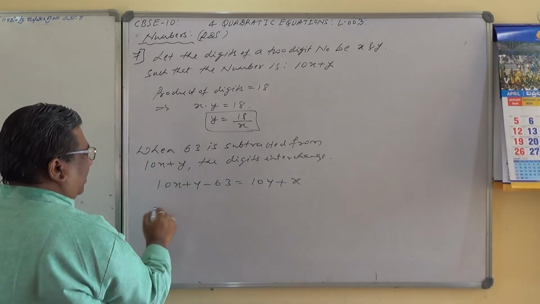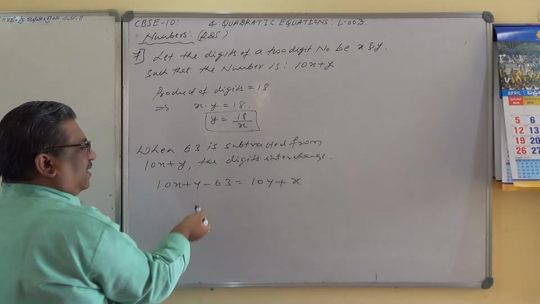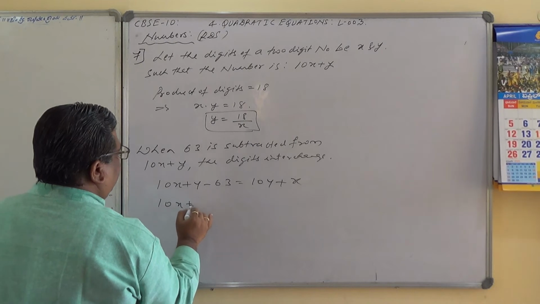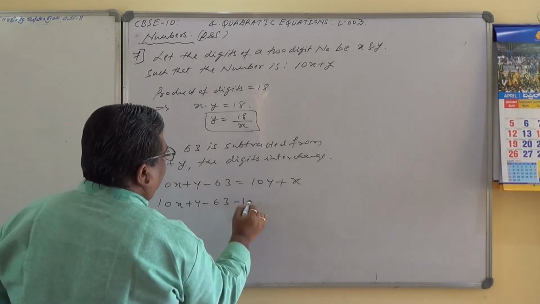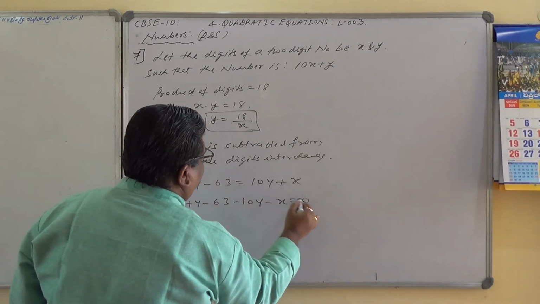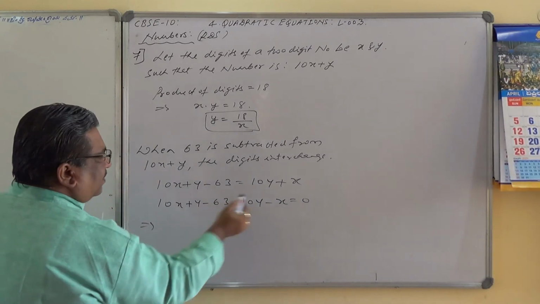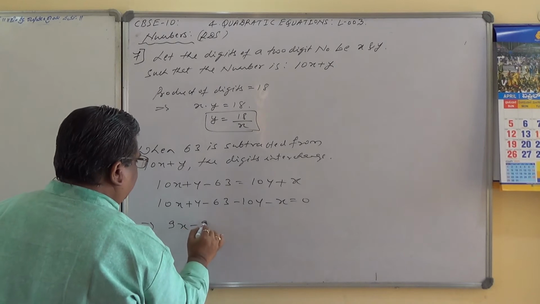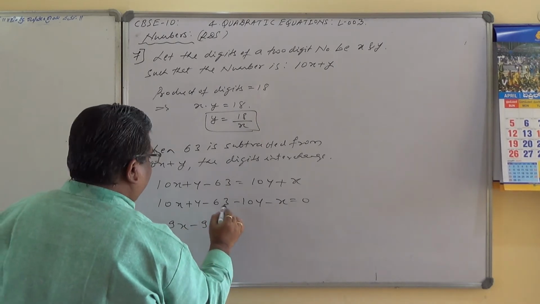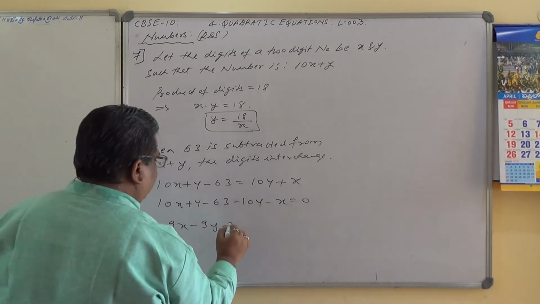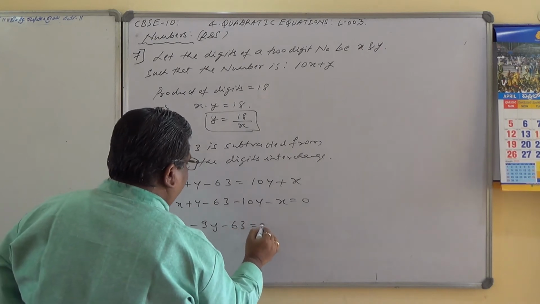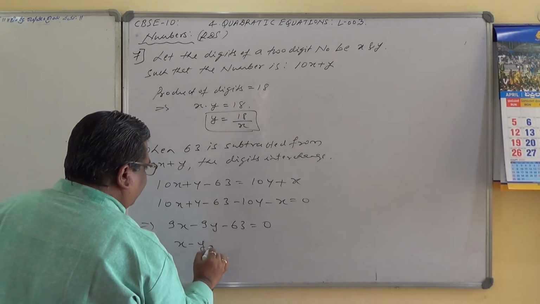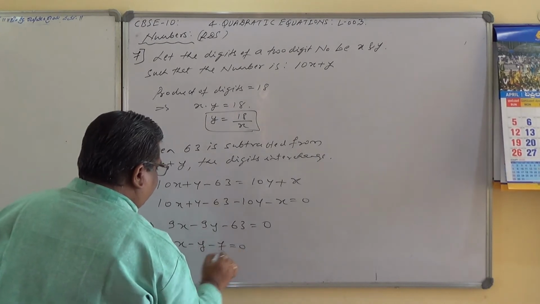Let us simplify this one a little bit. So 10x plus y minus 63 minus 10y minus x equals 0 implies 10x minus x, 9x minus 9y minus 63 equals 0. What is common? 9 is common. X minus y minus 7 equals 0.